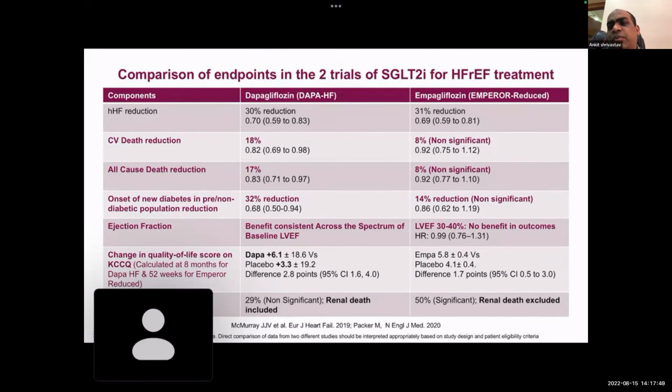This is something which is more important. And if you look at the ejection fraction, with dapagliflozin there was benefit across the spectrum of baseline LVEF, whereas with empagliflozin there was no benefit if the LVEF was between 30 to 40%. So these are again something which we need to understand and decide when we are using which molecule.